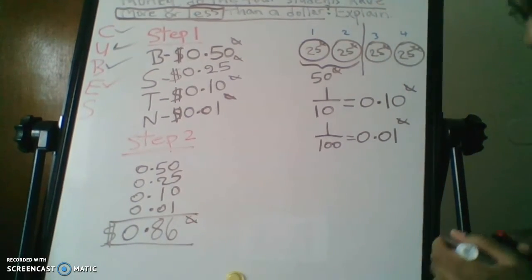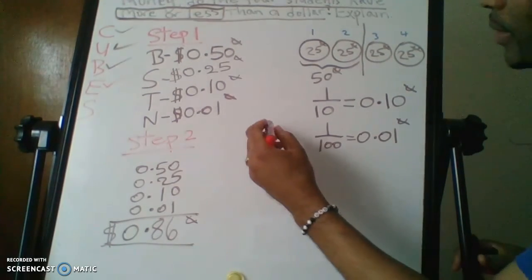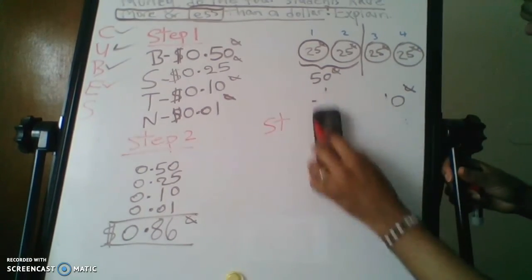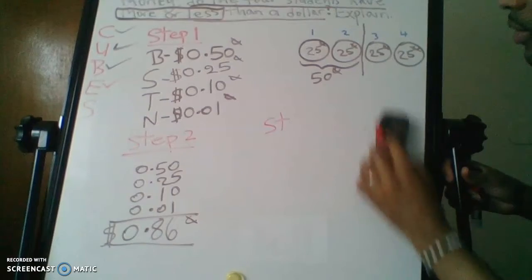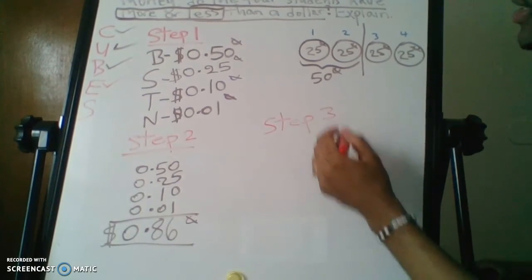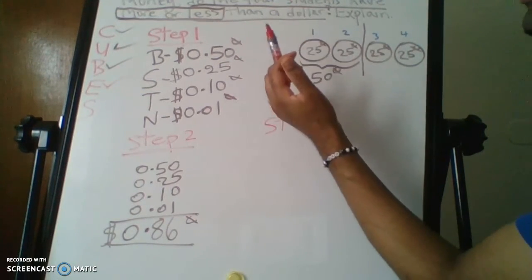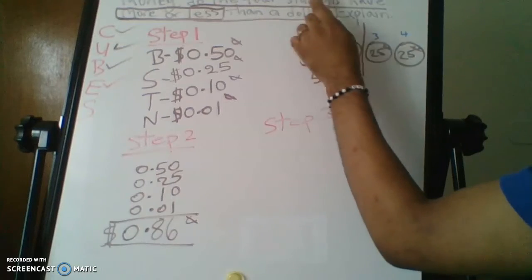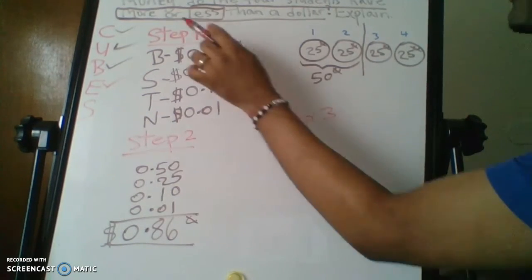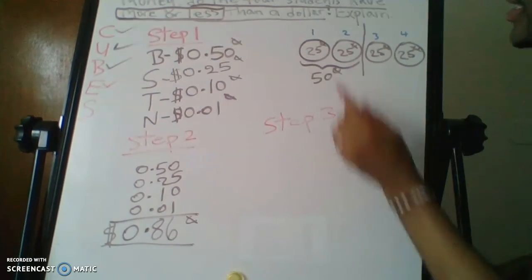Now step 3, which is the final step. You would have probably taken note of this. Step 3, the question is asking me to determine whether the combined money for the 4 students, Brianna, Sienna, Tyra, and Nazarene, is more or less than $1.